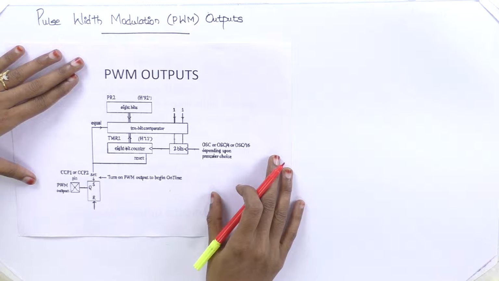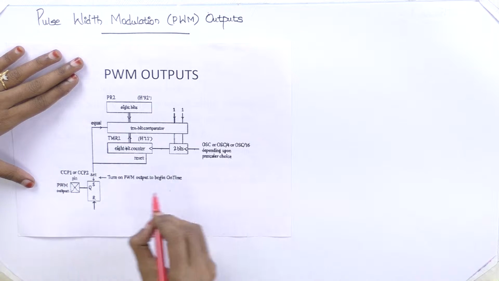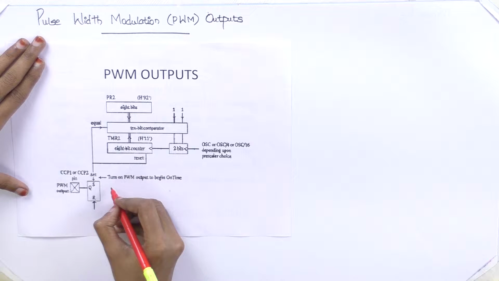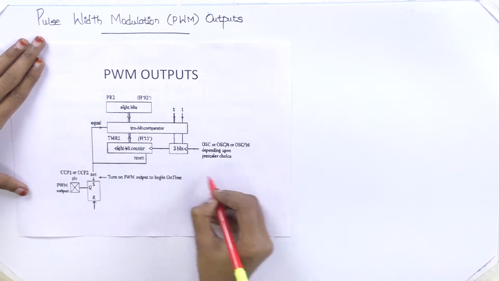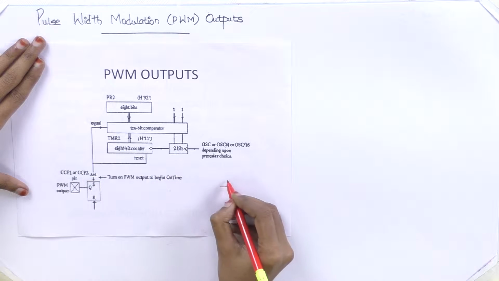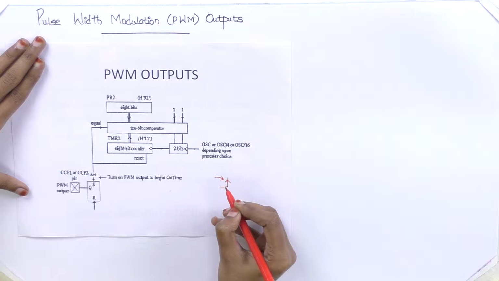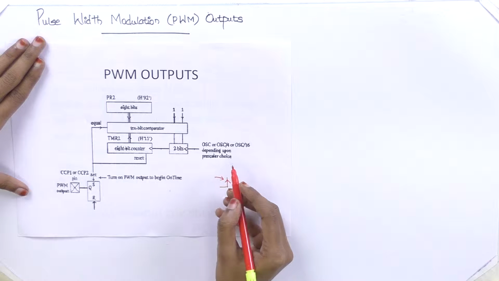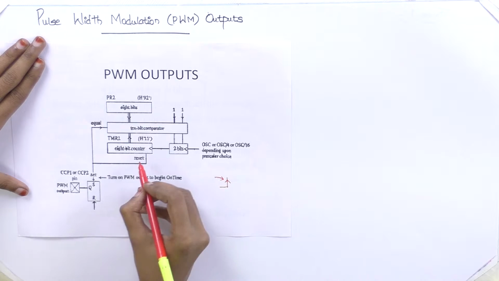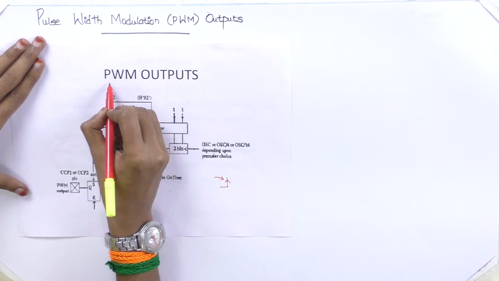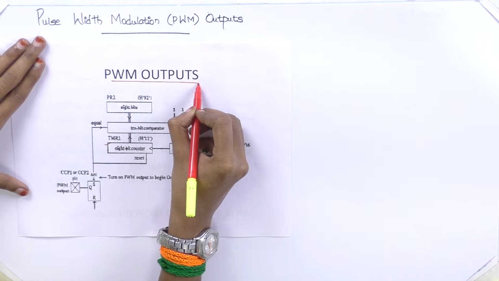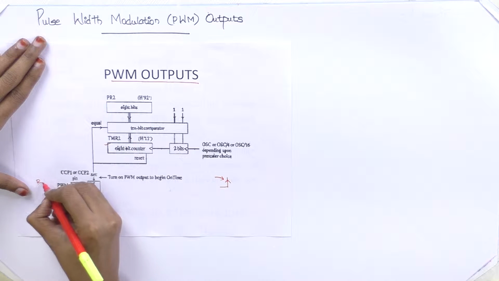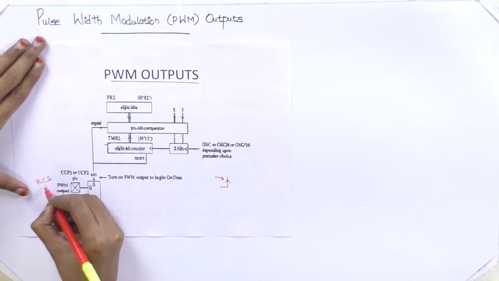Next we will see how the output is generated using timer 2. Since we are using timer 2 and generating PWM output, we are going to generate it through the pin RC2.